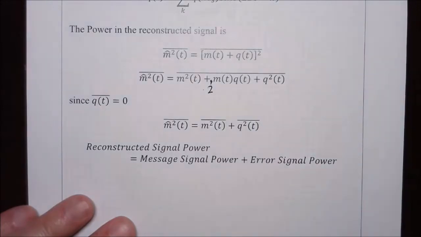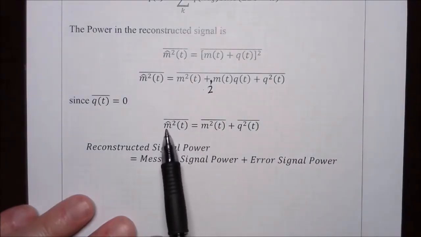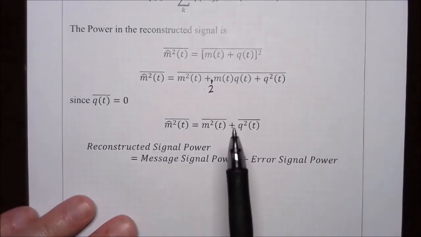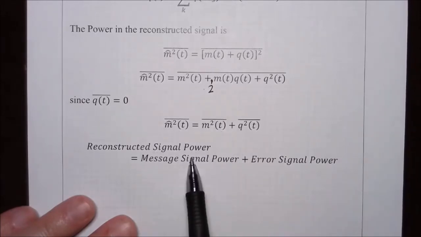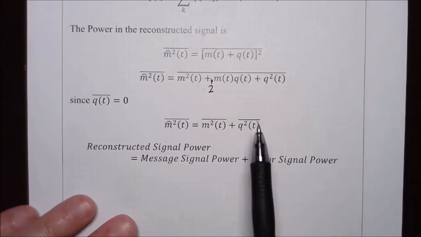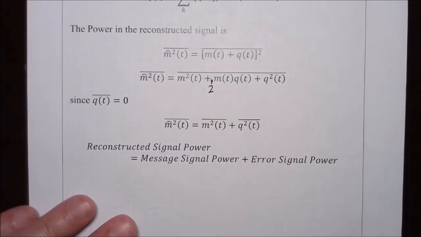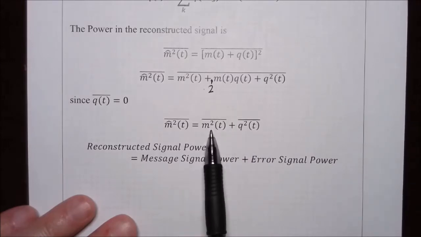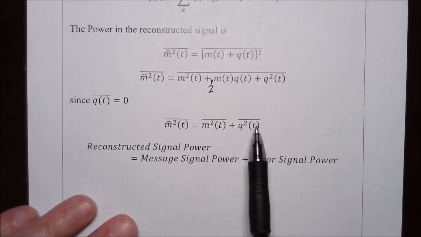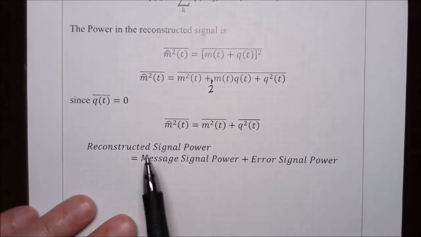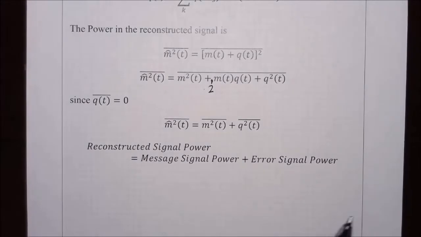So this cross term goes away, and what we are left with is that the power in the reconstructed signal is equal to the power in the message signal plus the power in the error signal. Okay, so we can separate the power in the message signal from the power in the error signal, and the total power in the reconstructed signal is the sum of these two terms.